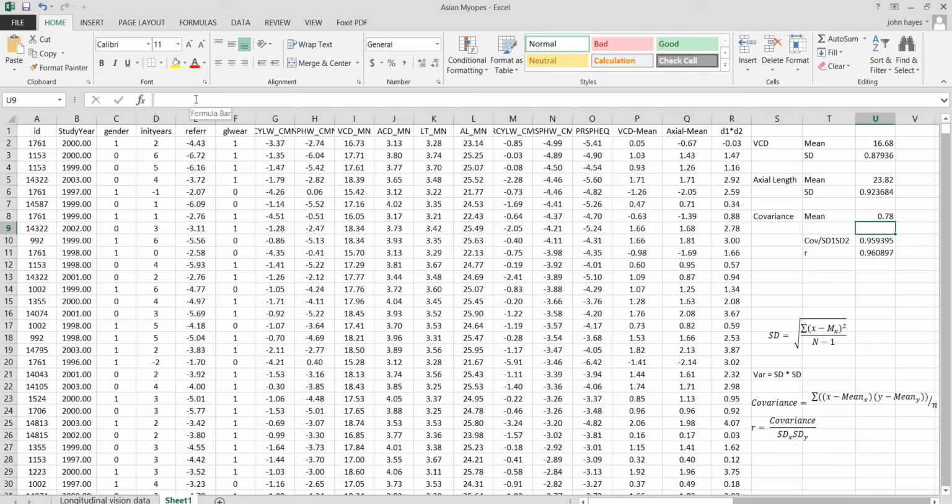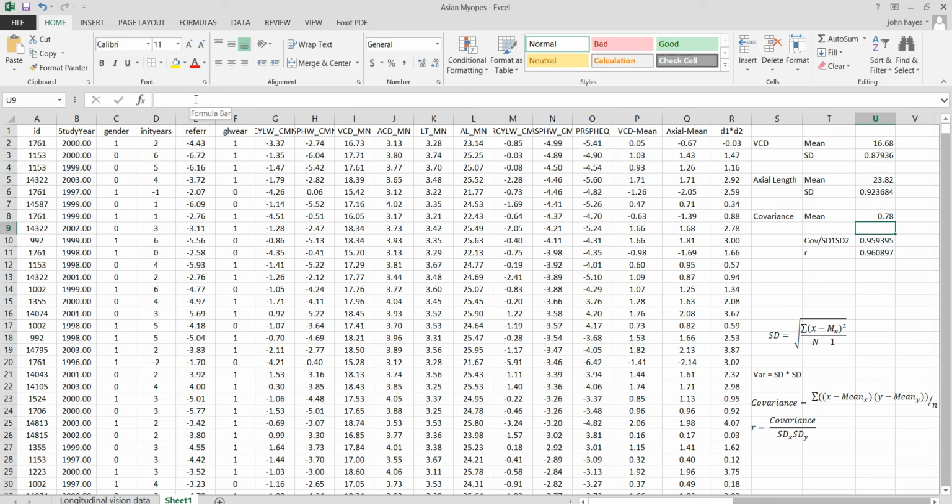The covariance ranges from, if you multiply this standard deviation times that standard deviation, you get a number, and the covariance ranges plus or minus that number.